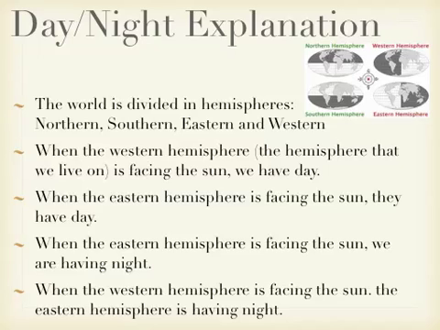So here's an explanation of day and night, and we're going to break the Earth into hemispheres. The Earth we can break into two different hemispheres in two different ways.